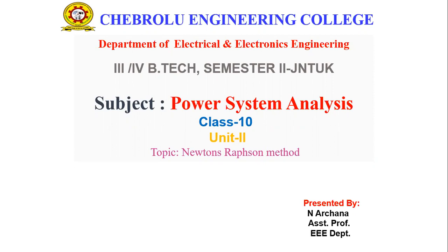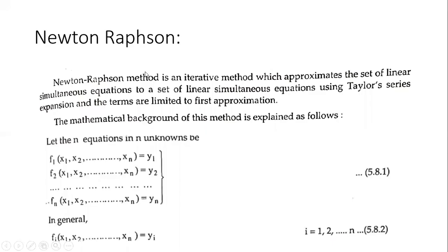First of all, the Newton-Raphson method is an iterative method which approximates a set of nonlinear simultaneous equations. By using this method, the equations are solved by using the Taylor series expansion method.